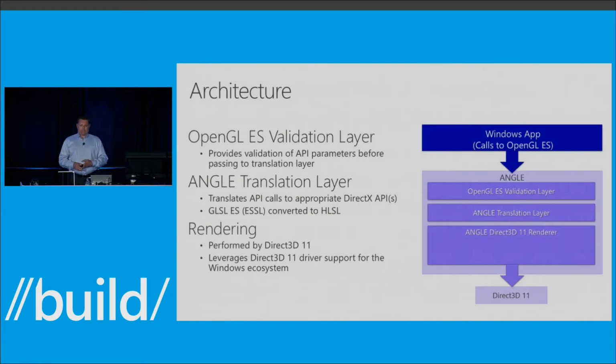How's Angle set up? So we're going to walk through this like I'm a developer that wants to make a GLES call. The dark blue box is my call to the application. The first thing you're going to run into is when you call your GL method, there's a little bit of pre-validation.